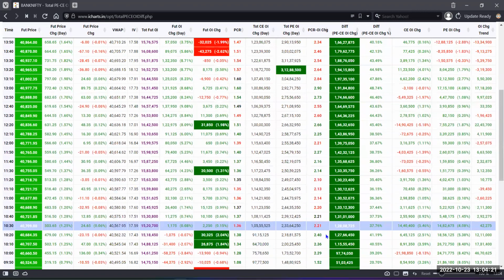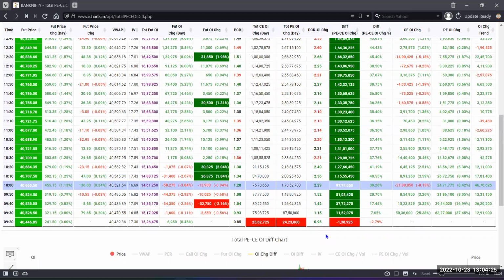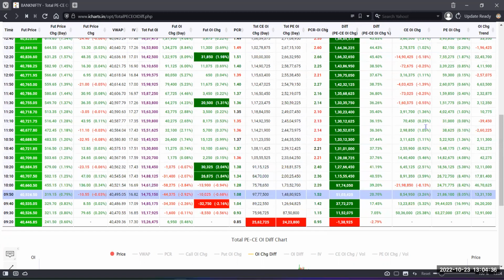But once the market progresses, once you see a big unwinding on one side, it means that the market could go on that side, because it just means that on the call side over here, lots of positions have been closed.